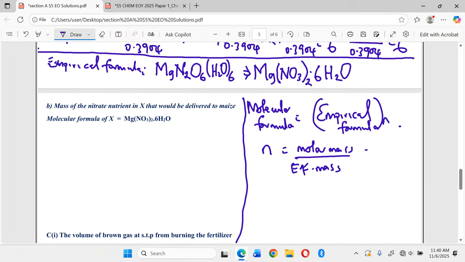So the molar mass, they have given it to us as 256 over the empirical formula mass.